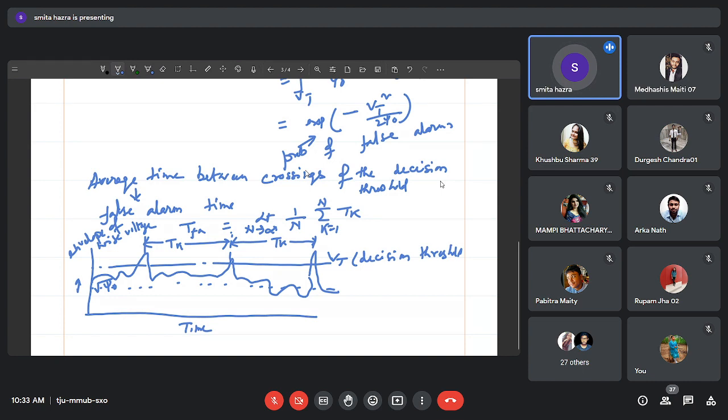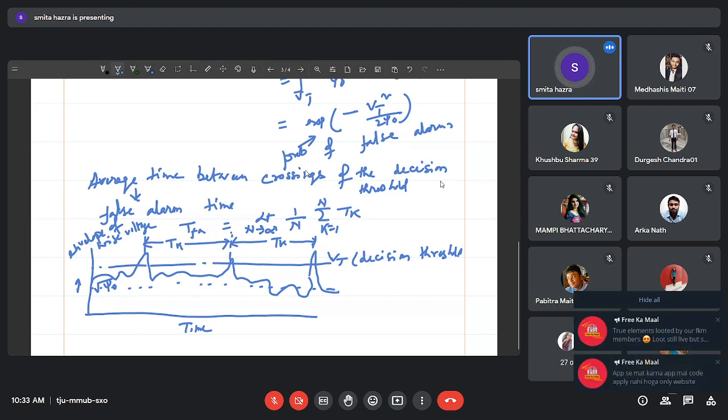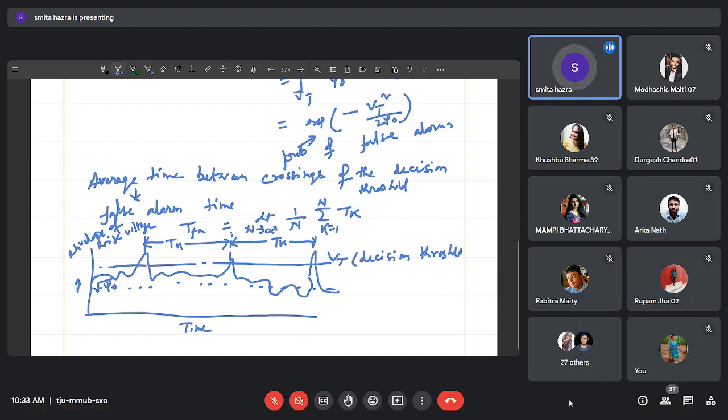Just for the background clutter, we are taking the data and following the processing. So this is only for the noise itself, but the fluctuations of the noise lead to exceeding of the decision threshold, and this is the graph.